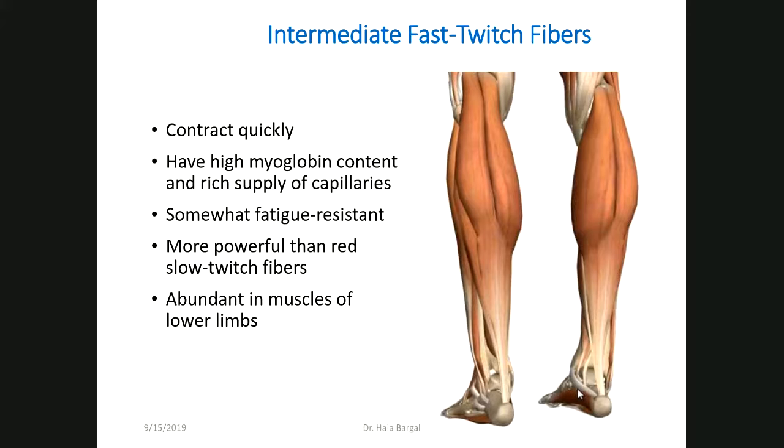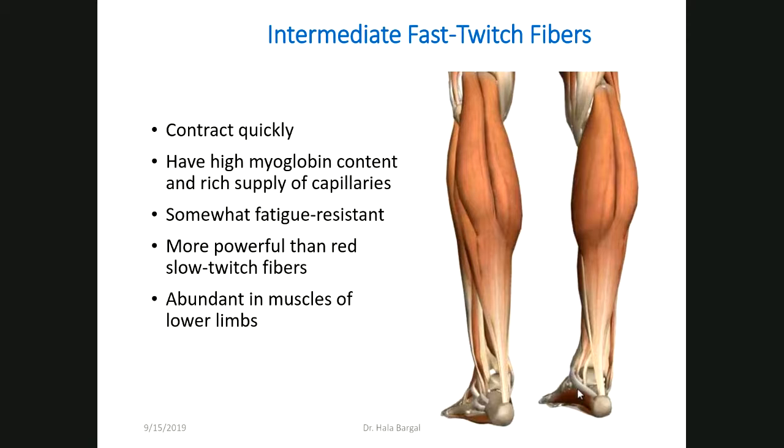Then the intermediate fast twitch fibers. They contract quickly, have high myoglobin content, are somewhat fatigue resistant, and are more powerful than red slow twitch. They are abundant in the muscles of the lower limbs, right? The most common examples are the calf muscle and hamstring muscle.